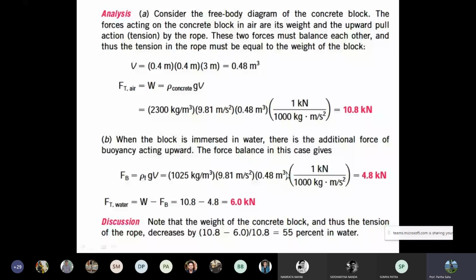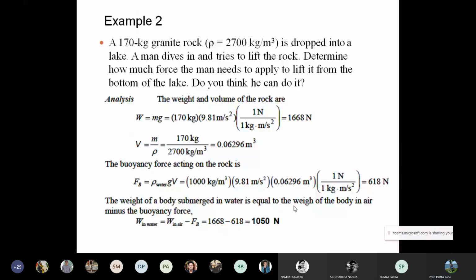So the total tension will be the weight of the block minus the upward buoyancy force, so that will be 6 kilonewton. So in the first case 10.8 kilonewton, in the second case 6 kilonewton. Note the weight of the concrete block, and thus the tension on the rope, decreased by 55% in water. So this is 10.8 minus 6, divided by 10.8. So almost half of the tension decreases when it is submerged into the water.